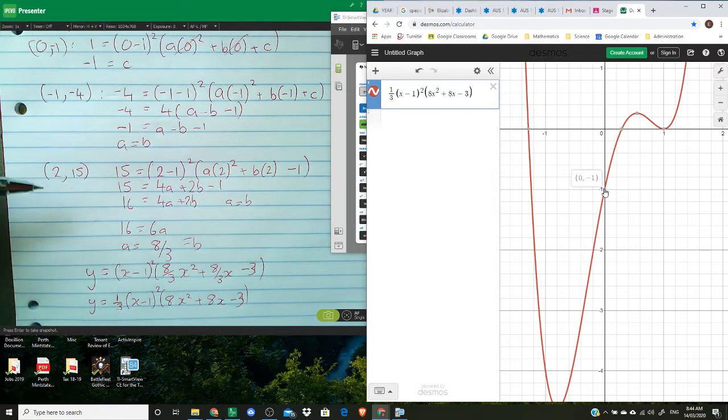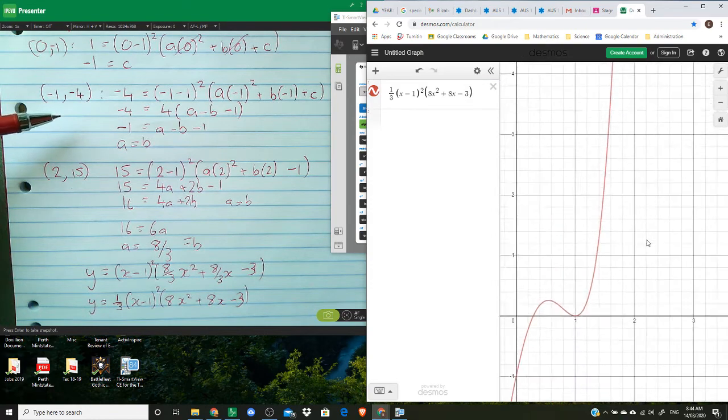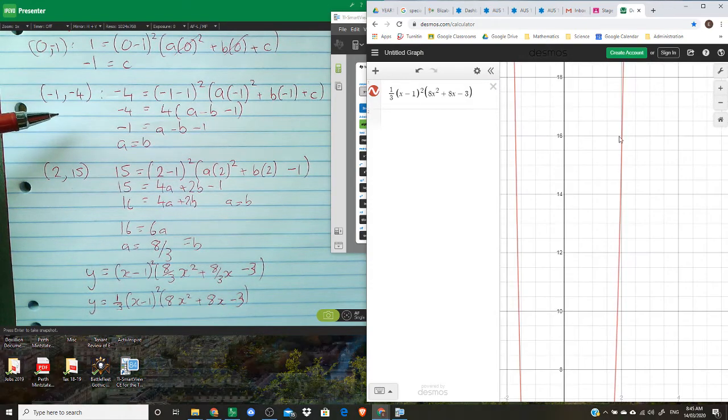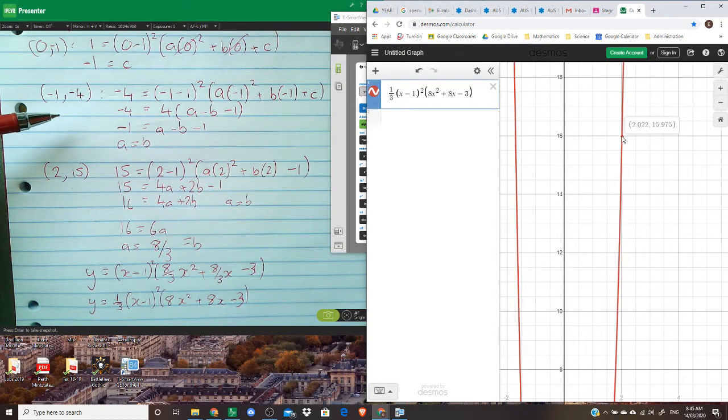That's now correct. Let's check the other points: minus 1 and minus 4, and 2 and 15. Ooh, so close. What have I done wrong then?